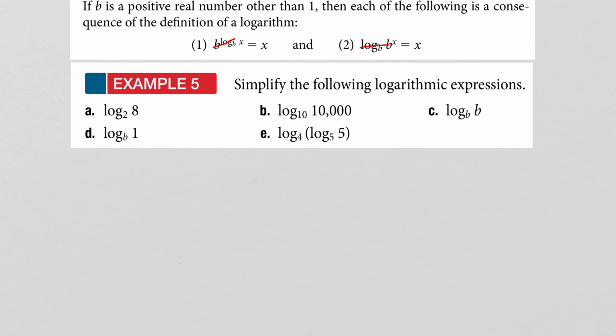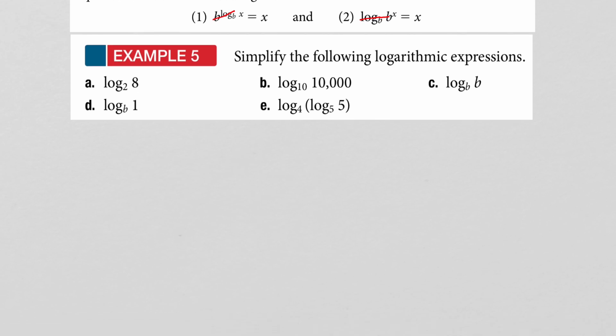So for example here, if I want to simplify log base 2 of 8, one way I can do this is I can just remind myself that 8 is the same as 2 to the third. And so now since I have log base 2 of 2 to the third power, these cancel out and we just get 3.